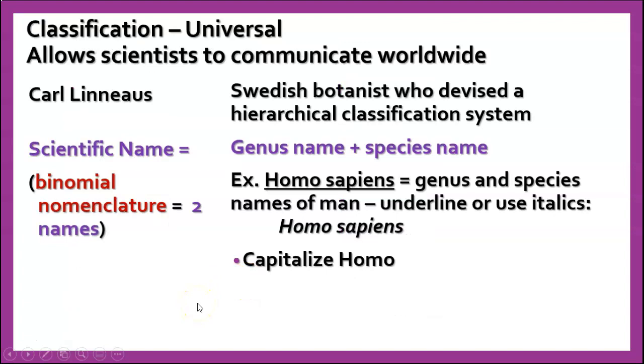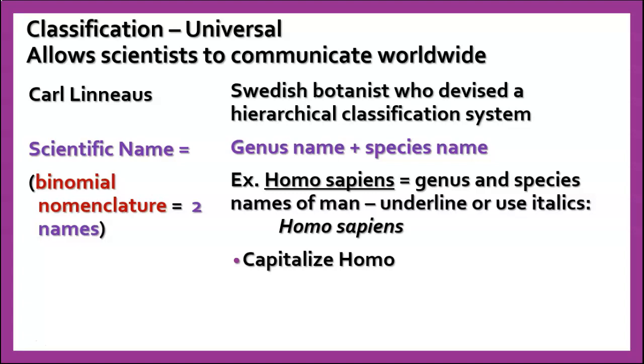So it's really important for us to have a universal classification system because it allows scientists to communicate worldwide about different kinds of organisms and know that they're talking about the same thing. The system we use today was first developed by a Swedish botanist named Carl Linnaeus back in the 1700s, I believe.